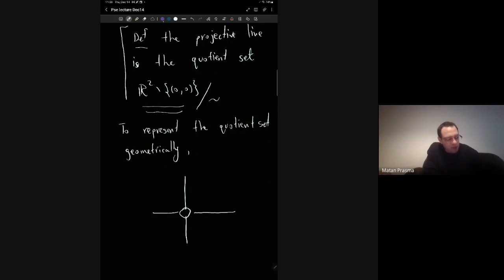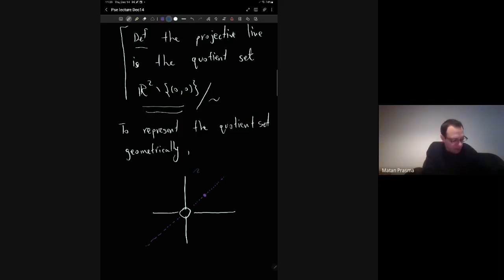And now an equivalence class of a point is the set of all points that belong to the line passing between this point and the origin. So the whole collection of purple points is now one equivalence class. And I have many of these, right?